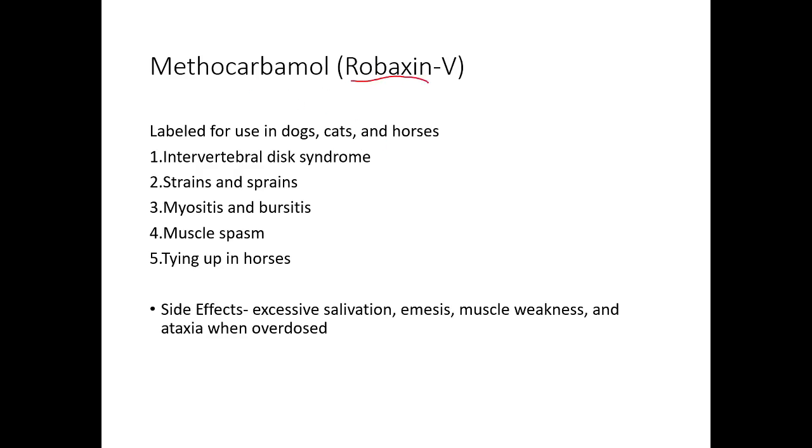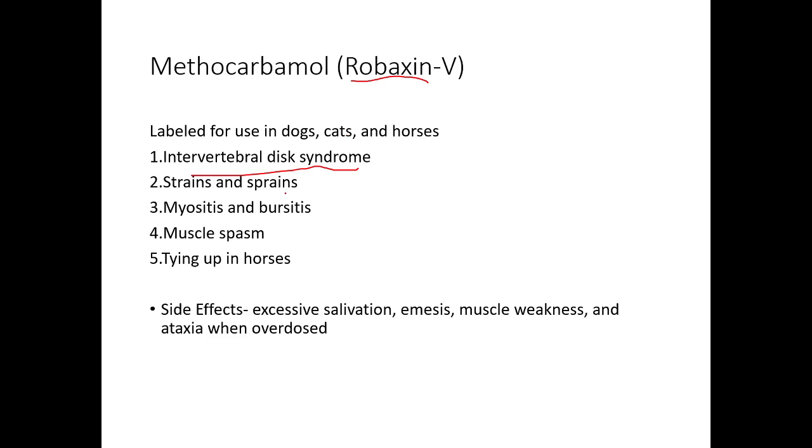Methocarbamol is Robaxin. If they have intervertebral disc syndrome, a slipped disc will cause those muscles to contract because it tries to stabilize the spine, and so it will cause some pretty good cramping of those back muscles.